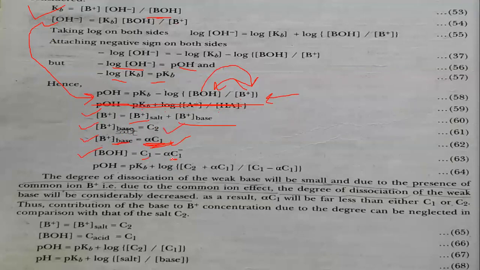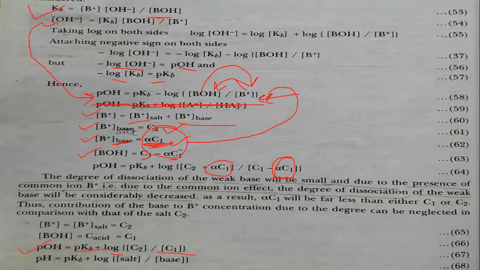By putting these values in the above equation, we can ignore these two quantities because they are very small. So you will get the equation pOH is equal to pKb plus log of C2 upon C1.